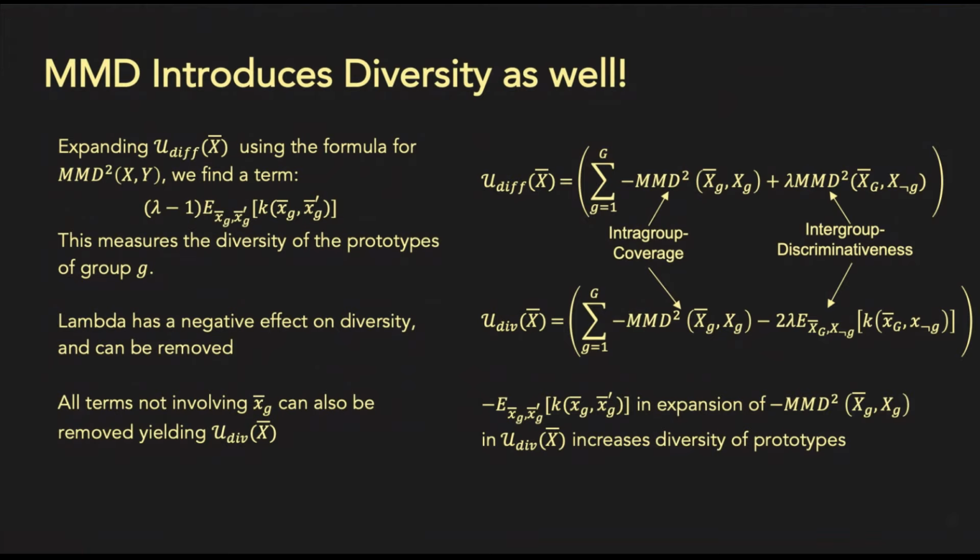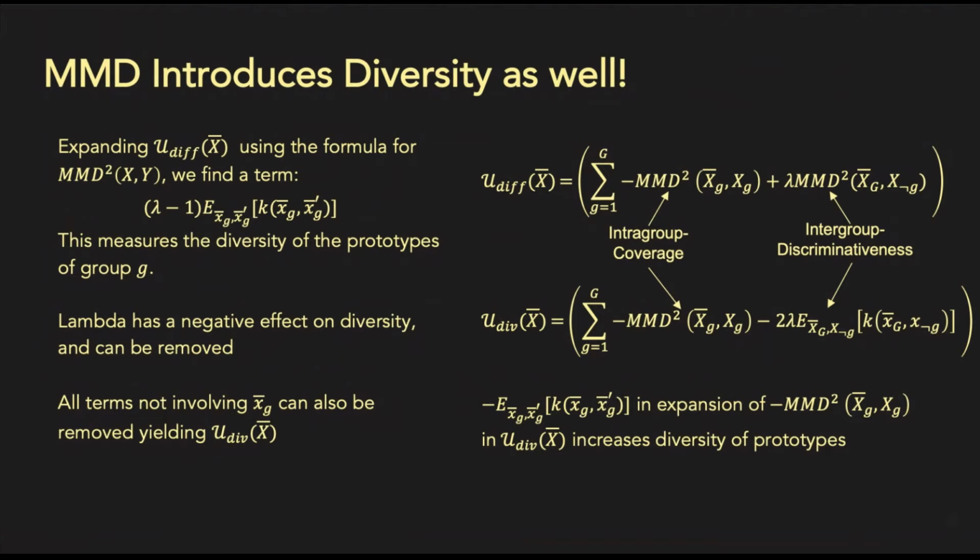In the term udiff that was defined for the first one, when we expand it, there's a constant of lambda minus 1 attached to this expectation, and since we usually take lambda between 0 and 1, it's taking away a bit from the whole optimization problem. So we can remove that.